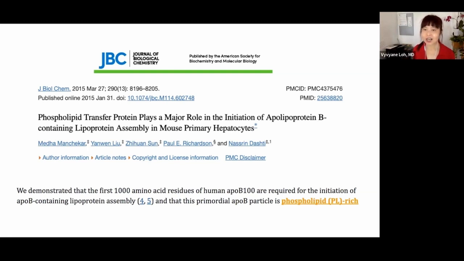So it turns out that it's not cholesterol rich, because we don't really need cholesterol to form spherical structures.